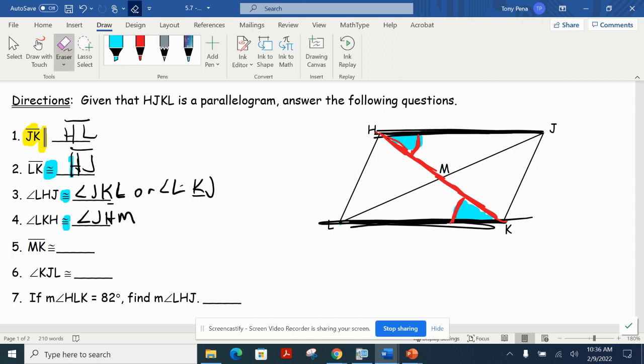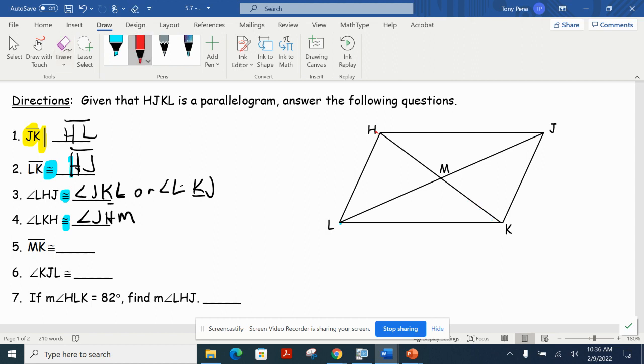Okay, 5. MK. So find M to K and find out what segment would be congruent to MK. So here is MK, just this segment right here. The segment that needs to be congruent to is what, Maria?